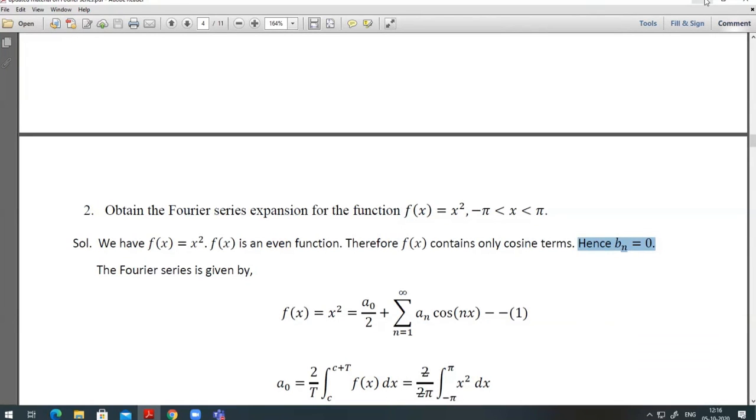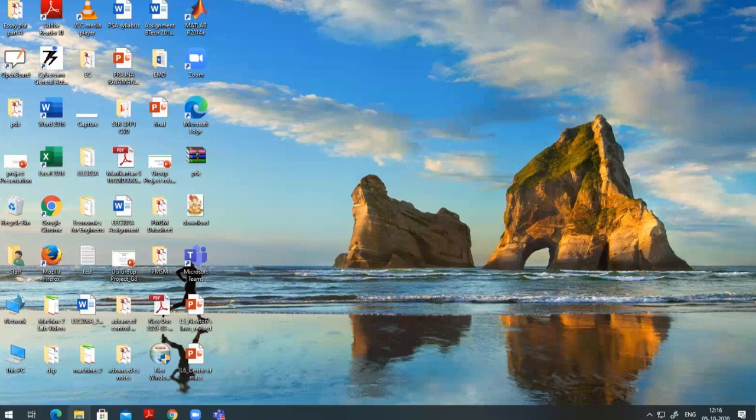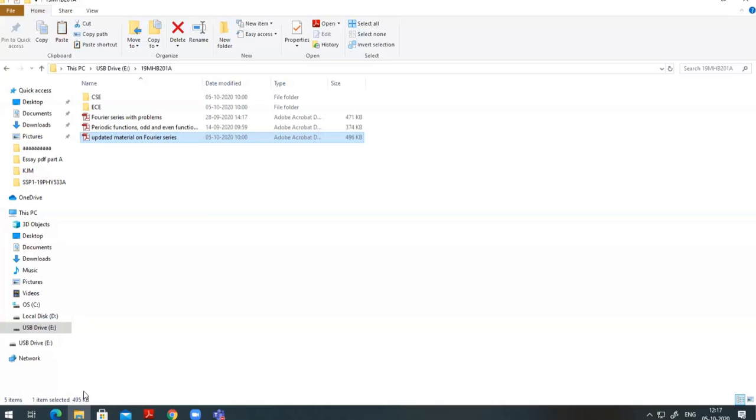Okay, so I hope we have, I think that formula for the a naught is 2 by T integration from c to c plus T f of x dx.